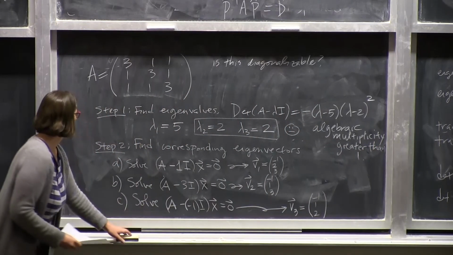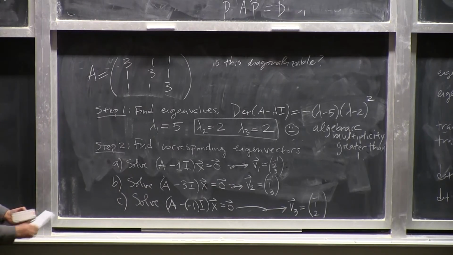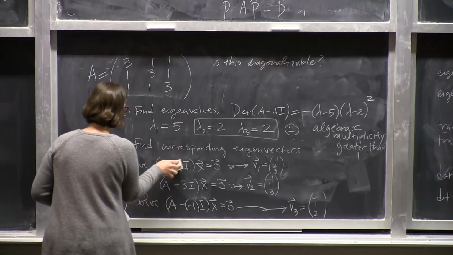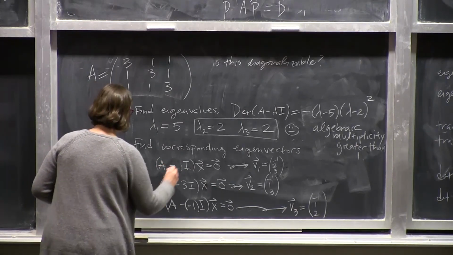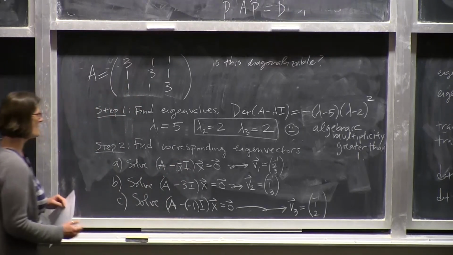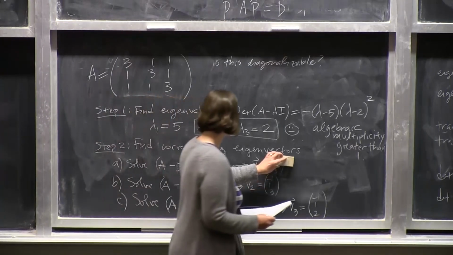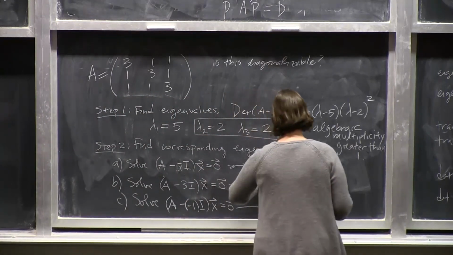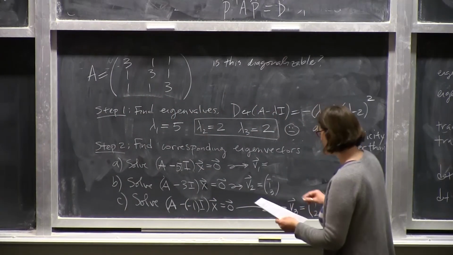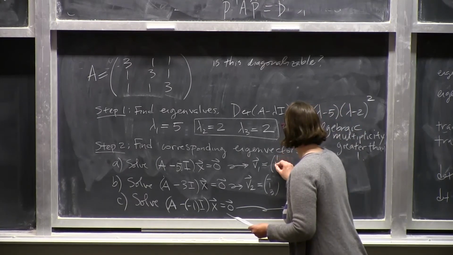OK. Step 2, find the corresponding eigenvectors. So first we solve A minus 5I times x is 0. And that worked. And we got an eigenvector 1, 1, 1.